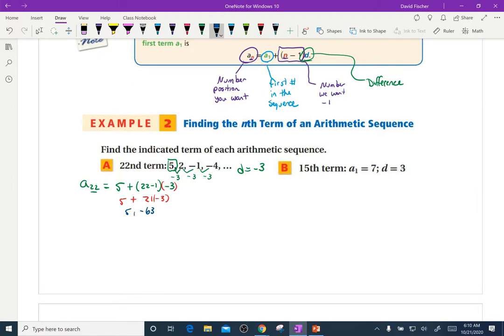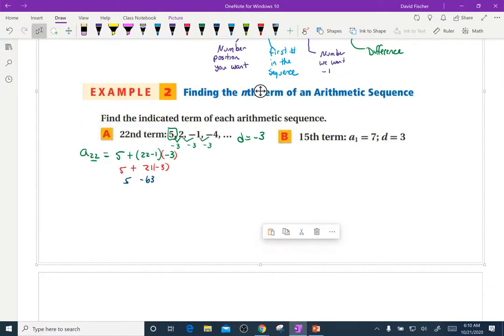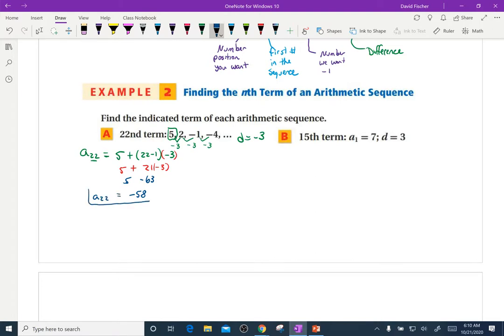You can put a plus minus, but that kind of sounds weird. In algebra, we're always adding, so I'm just going to put negative 63. And if I do negative 63 plus 5, I get negative 58. So now the final answer has to be denoted that way. A sub 22, so that means the 22nd number is negative 58.